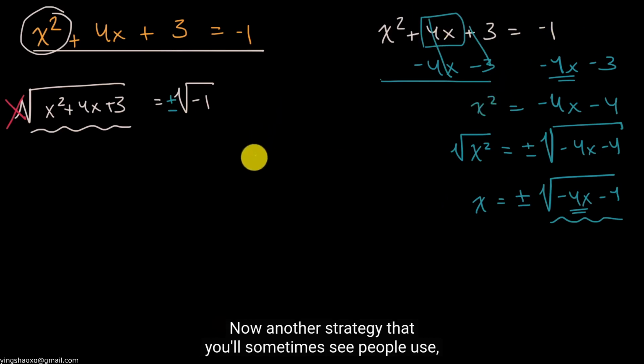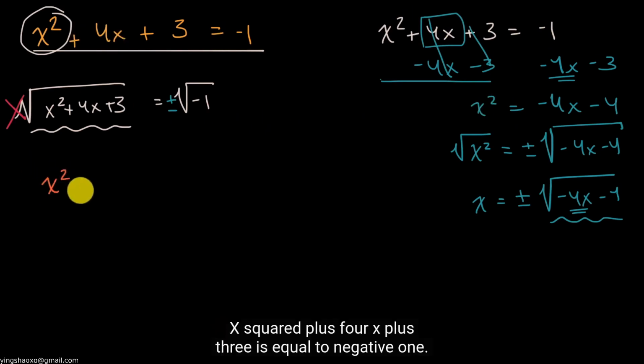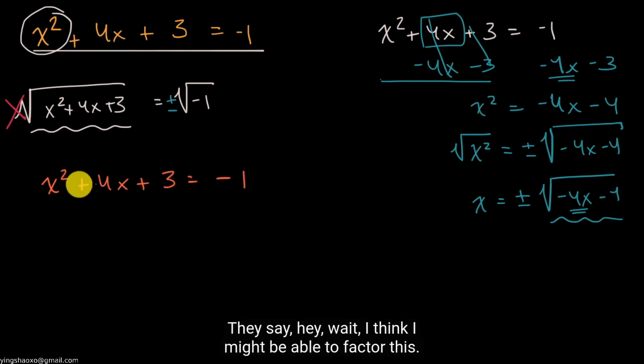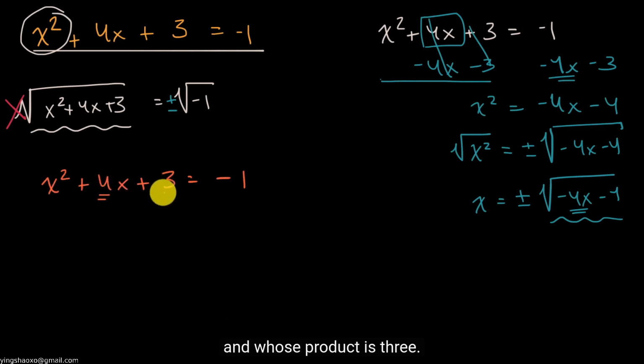Now, another strategy that you'll sometimes see people use, especially when they see something like this, let me rewrite it, x squared plus 4x plus 3 is equal to negative 1. They immediately go into factoring mode. They say, hey, wait, I think I might be able to factor this. I can think of two numbers that add up to 4 and whose product is 3, maybe 3 and 1.